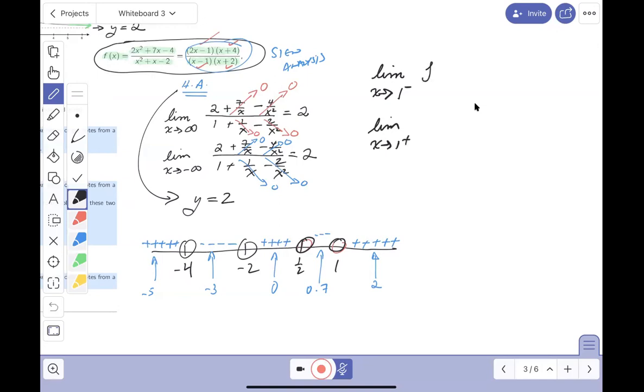Now I'm just going to write f of x over here. We'll do that later. Now someone says, if 1 is dangerous, what's the other dangerous number to approach? Well, the other dangerous number to approach is actually the number -2, from the left and from the right.